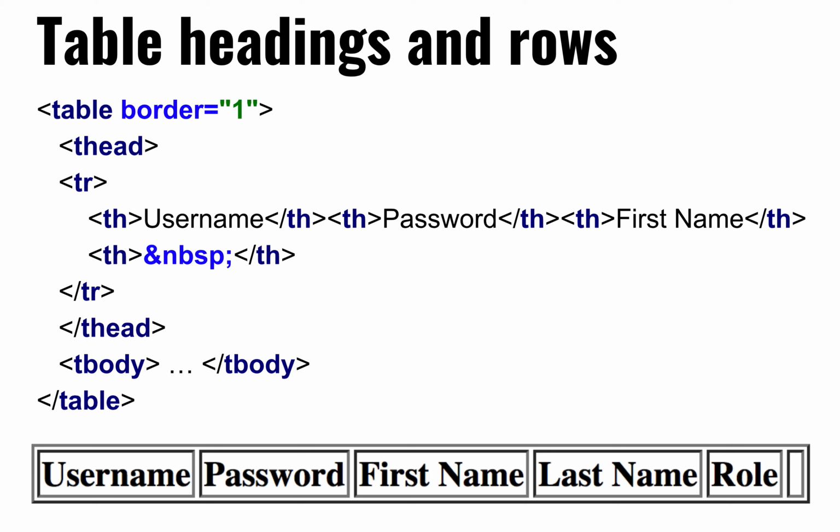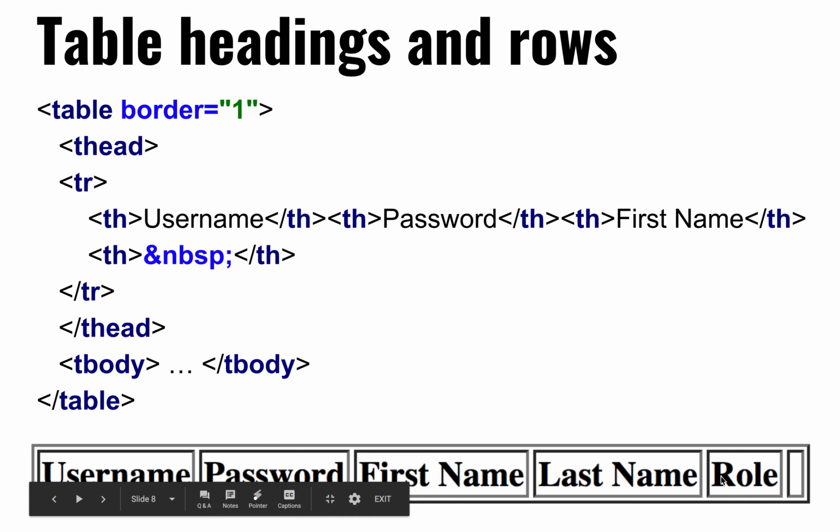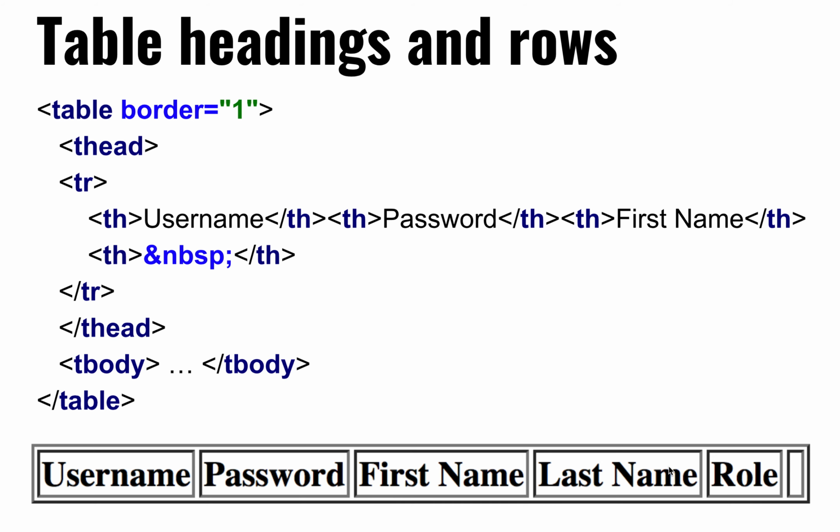In the table head, we can have multiple rows. Here we just have one row, and notice that we have TH for declaring that we want headings at the top of each one of these columns, and they're going to be styled a little darker and centered to just highlight that these are headings at the top of a table.